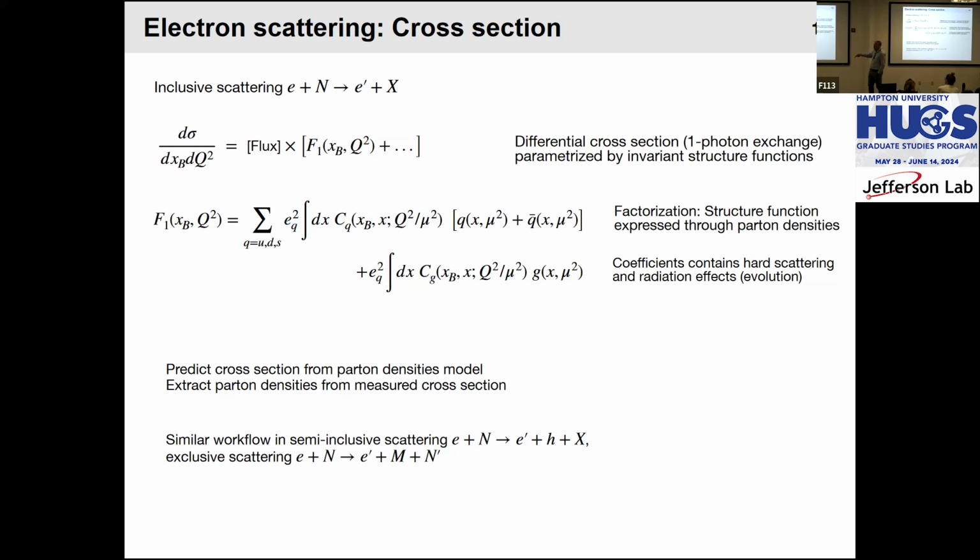If you wanted to emphasize evolution, which will be the subject of Nobuo Sato's lecture, then you would probably write it, as I said, in a way that we break this up into two factors, and then this evolution factor depends explicitly on Q square over mu square, and it bridges the gap between the scale mu square and the scale Q square, and it can be attributed to either the parton density or the coefficient function, but the overall mu square dependence drops out.